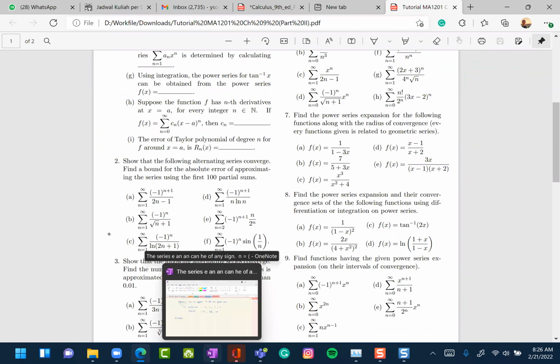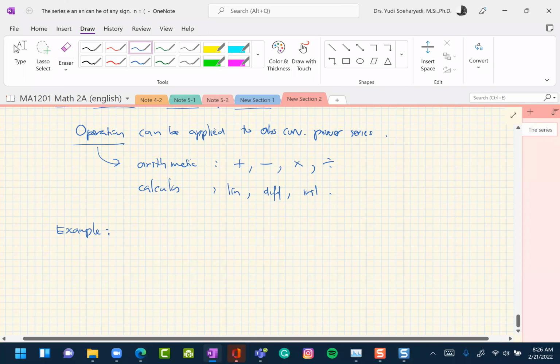For example, this is the base. The basic thing that you always start with. If you think about this one, the sum of x to the n. Okay.